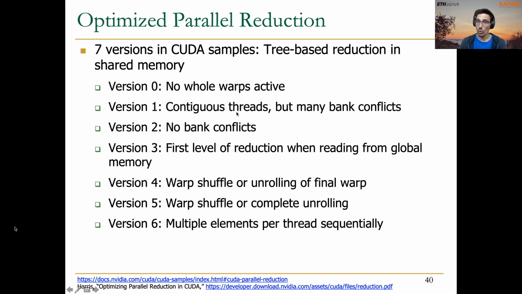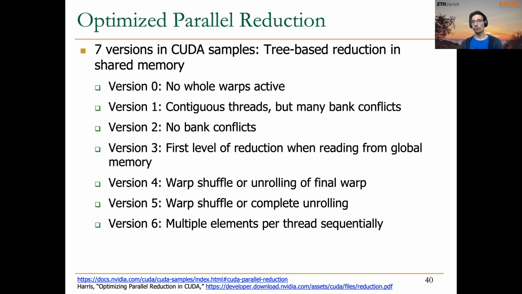In the next version, version one of the CUDA sample eliminates the SIMD divergence, the intra-warp divergence, by making sure that the active threads are contiguous. After that, it changes the way to access global memory to avoid bank conflicts, then performs the first level of reduction when reading from global memory.